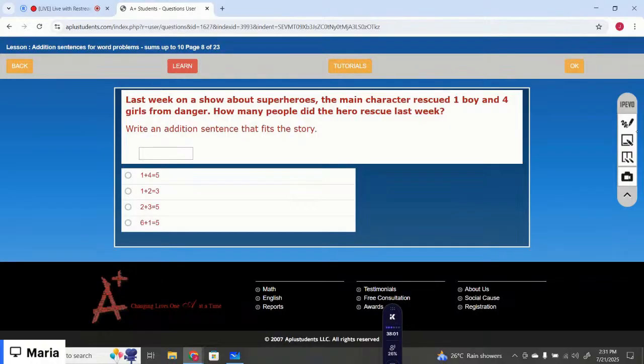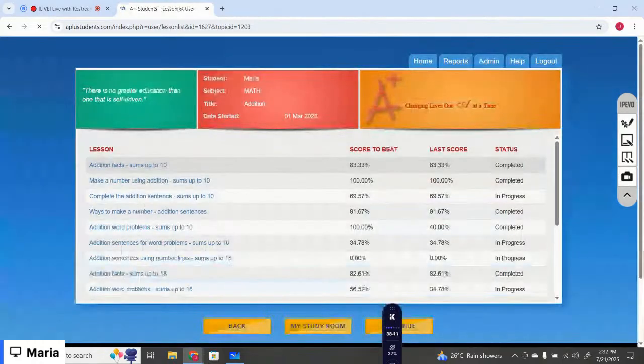That is 1 plus 4 equals 5. Option number 1 is the correct option. Okay, you can complete the lesson by yourself later today. Let me just move on to the next lesson.